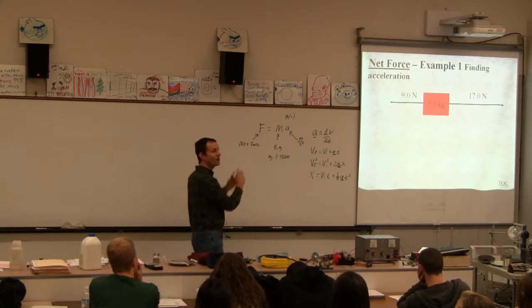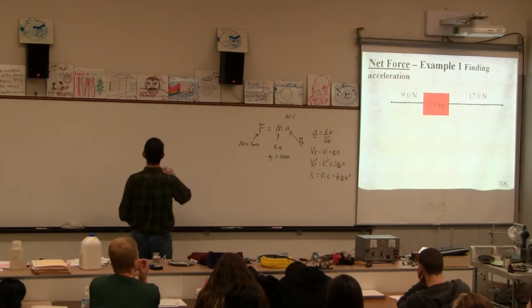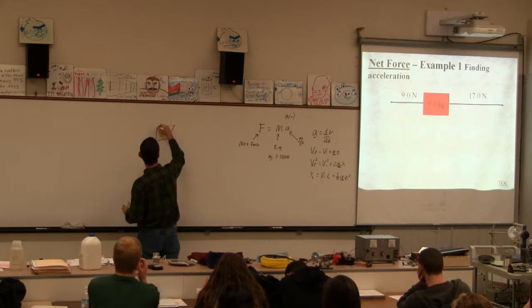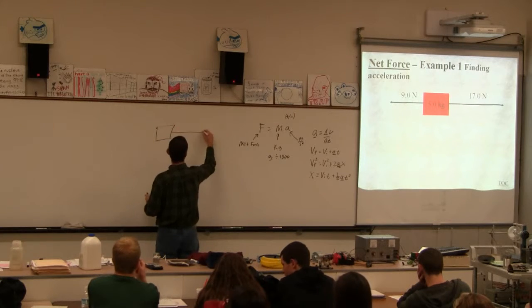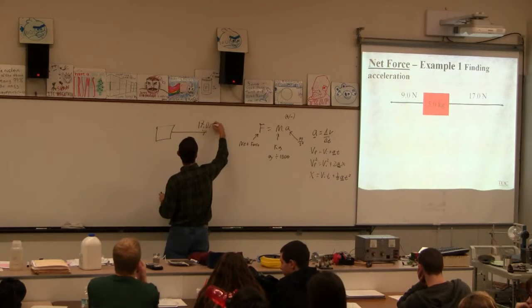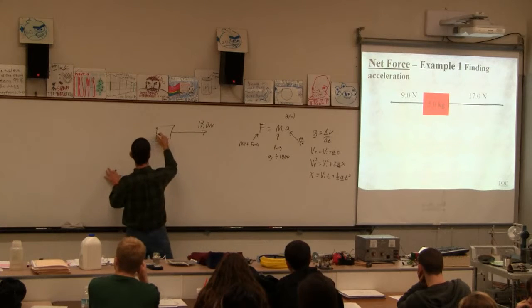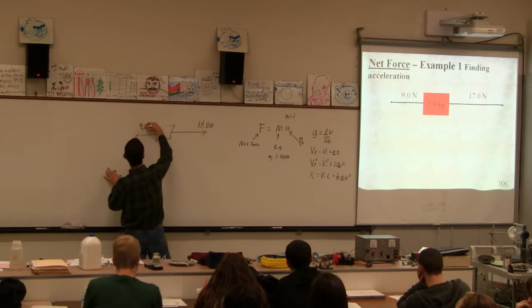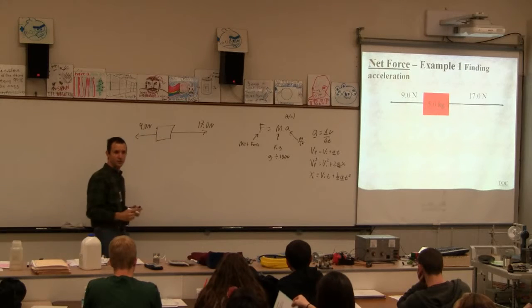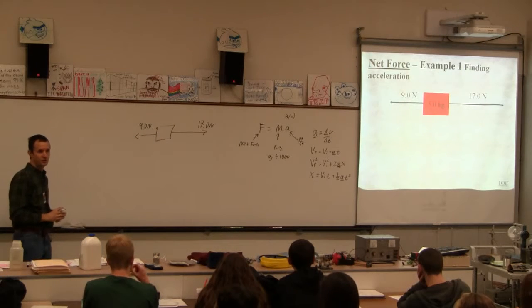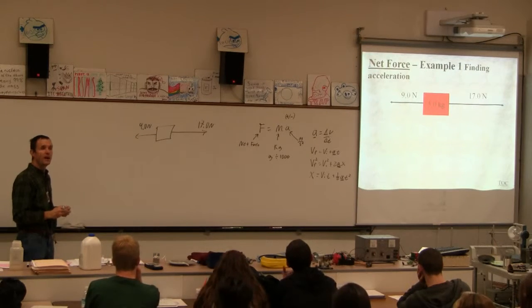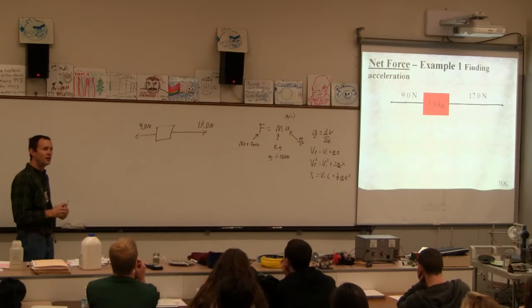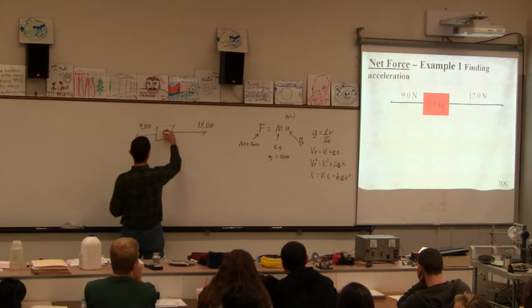So in this problem right here, you've got 17 newtons to the right and 9 newtons to the left. What we want to do is figure out what the acceleration of this thing is.